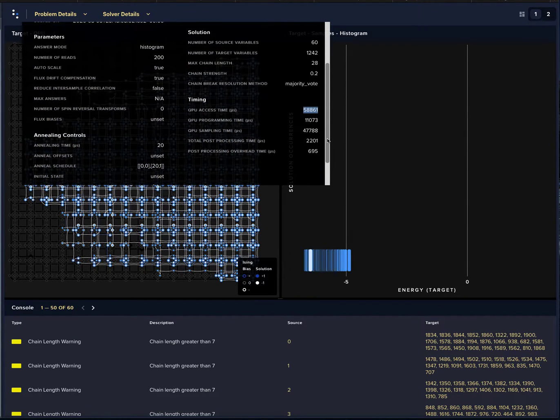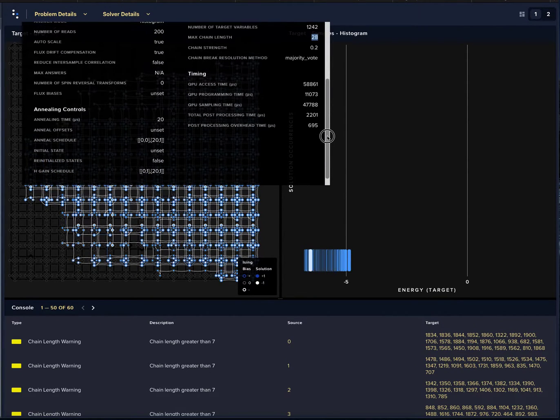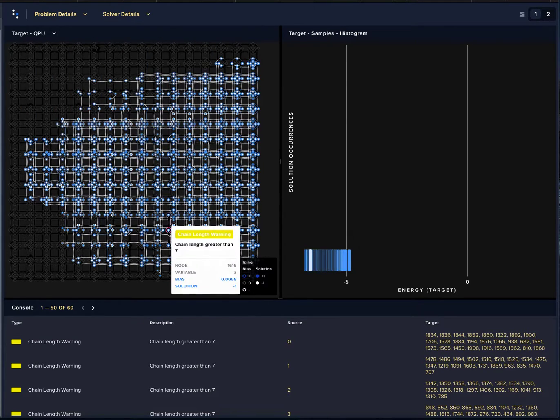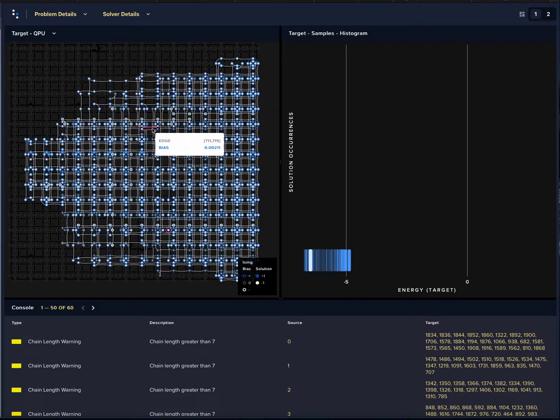Still 60 variables. My chain length is only 28. So for some reason, I'm not getting a lot of chain length. I said anneal for 20 microseconds. So give me a quick look. What do you get? And what you get is you get some pretty good tight values. So I'm getting a pretty good read on these answers.